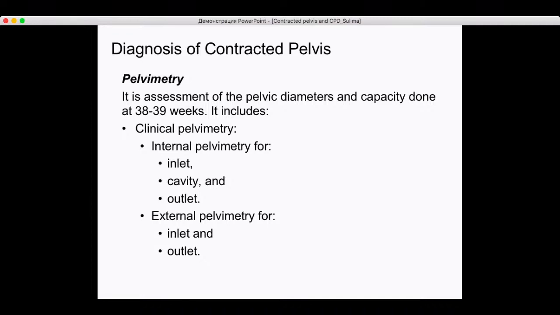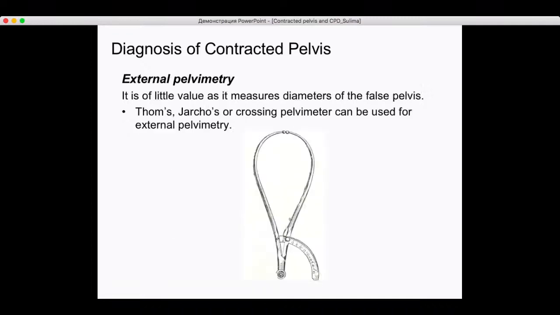It includes clinical pelvimetry, internal pelvimetry for inlet, cavity and outlet of the pelvis, and external pelvimetry for inlet and outlet.